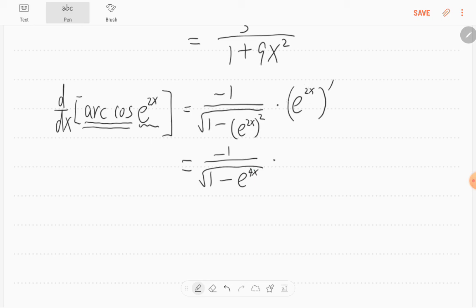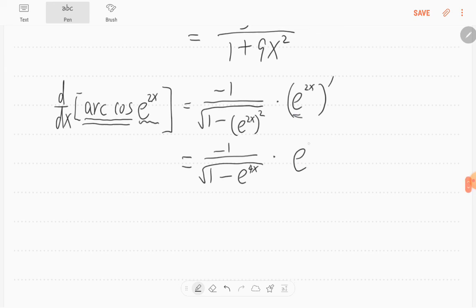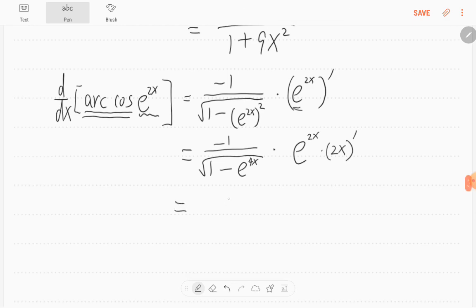The outside function is the exponential, and its derivative is e to the 2x, the same as before, but since it's 2x and not just x, we need to multiply by the derivative of 2x. So this would be negative 2 times e to the 2x on the top, over square root of 1 minus e to the 4x.